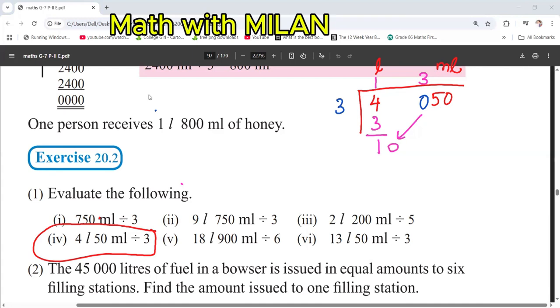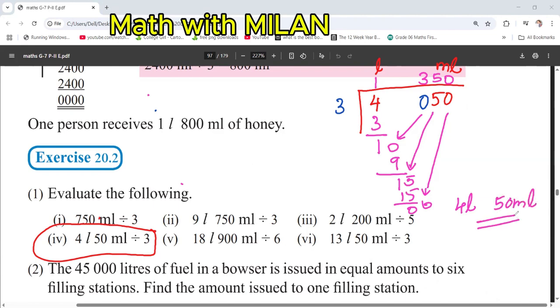Now 3 into 3 is 9, and then the remainder is 1, and then you take this 5, then 15. For 15 you have 5 threes. 3 into 5 is again 15, and then 0, and for this 0 you have 0 threes. So your answer is 4 liters 50 milliliters, right?